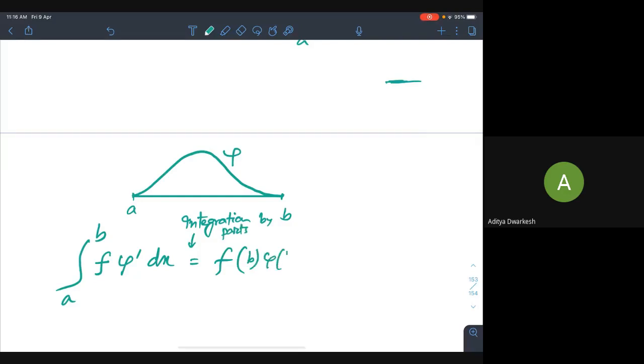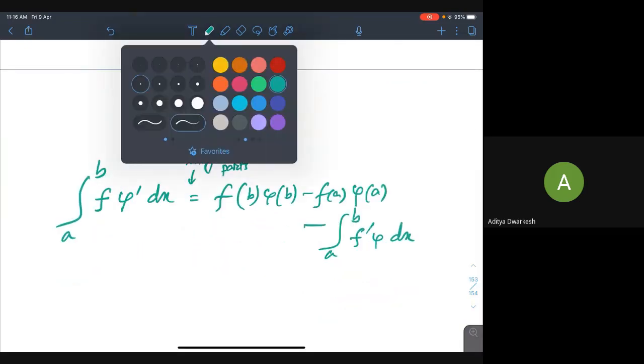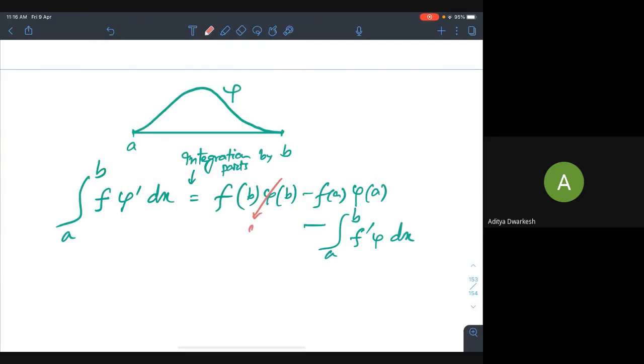F(b)phi(b) minus f(a)phi(a) minus the integration a to b of f prime phi dx. So this part will vanish because phi is 0. So one can think of this as real axis.